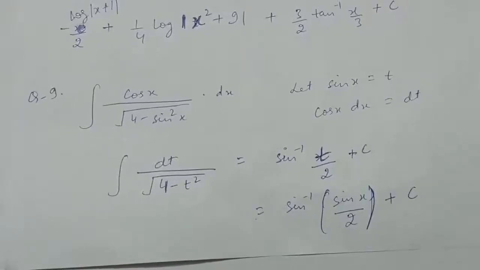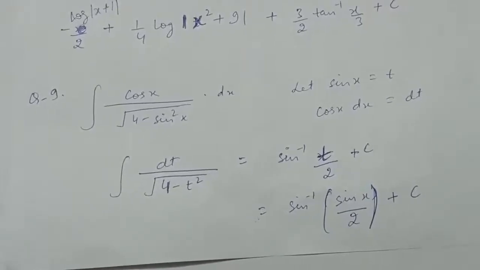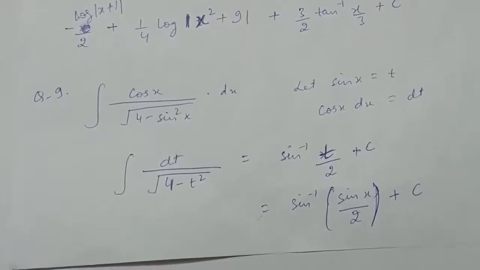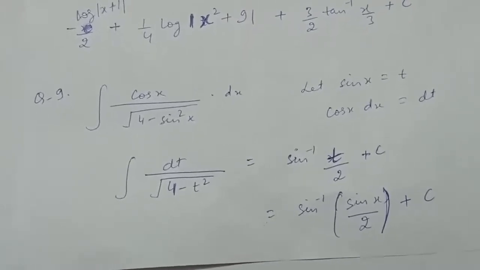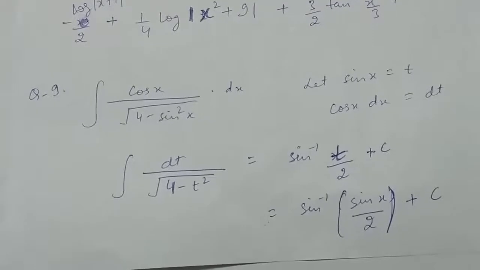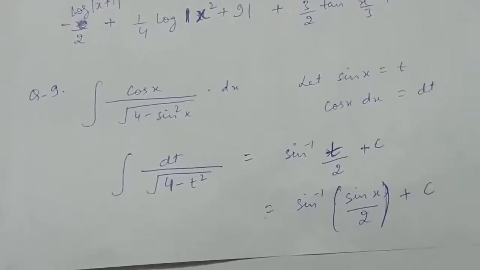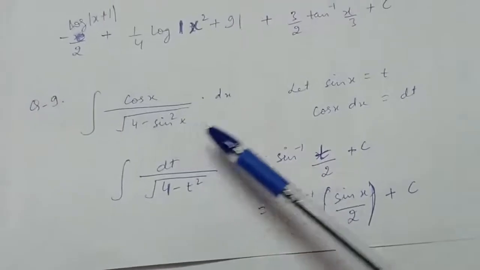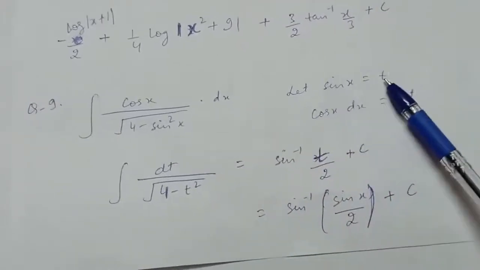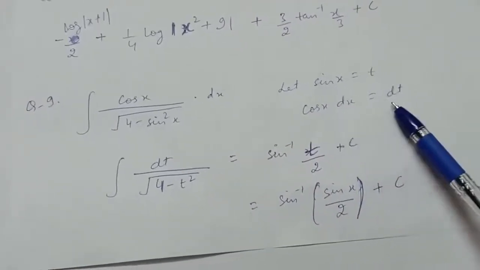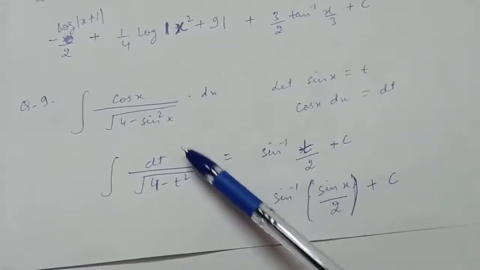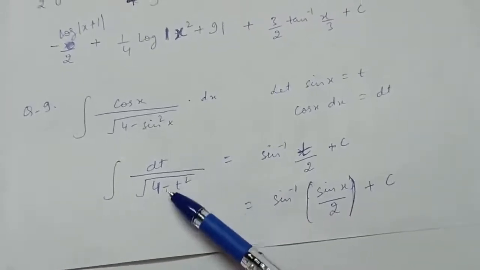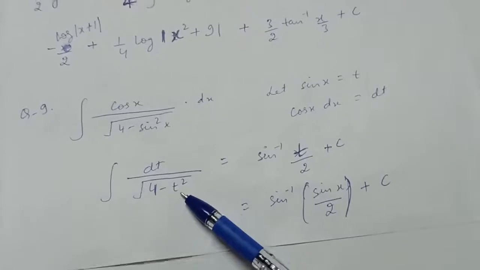Question number 9 is integral of cos x upon root 4 minus sin square x. So this question is very simple. See, in the denominator we have sin x and in the numerator we have this cos x. So definitely take sin x as equal to t, then you will get cos x into dx equal to dt. So this integral will now become dt upon root 4 minus t square.